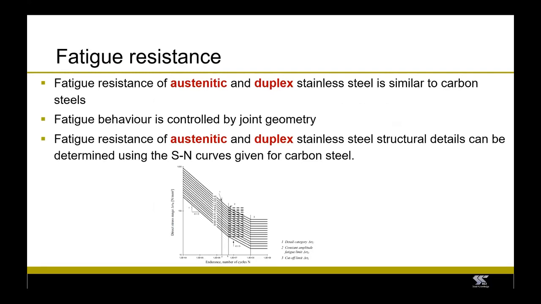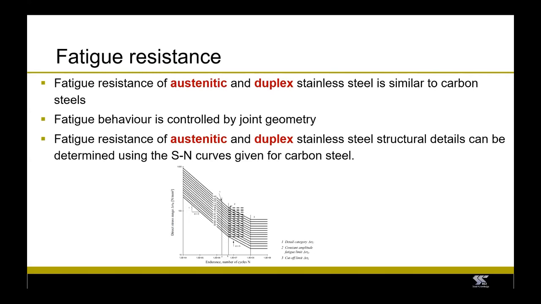Similar to carbon steel, the fatigue behavior of welded joints made of stainless steel is dominated by the geometry of the joint. So the crack growth behavior that occurs at the welded joint is similar for carbon steel and for stainless steel.